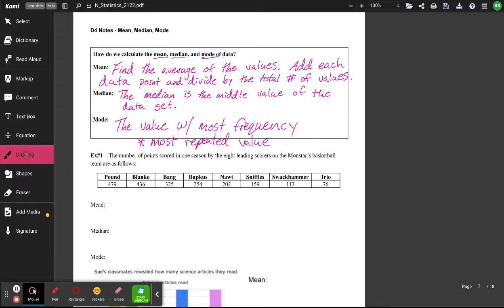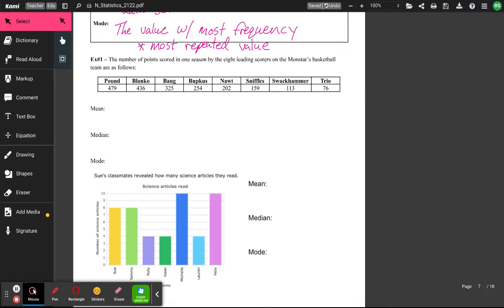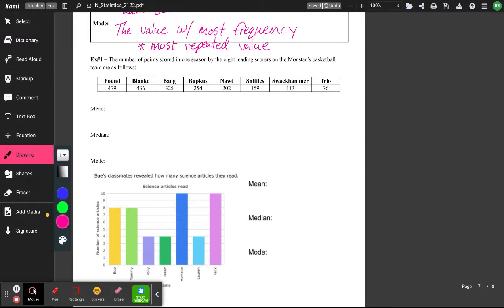So when you take a look at example 1, let's put this into a context. One thing that I find helpful: it says the number of points scored in one season by 8 leading scorers on the Monstars basketball team are as follows: 479, 436, 325, 254, 202, 159, 113, and 76.